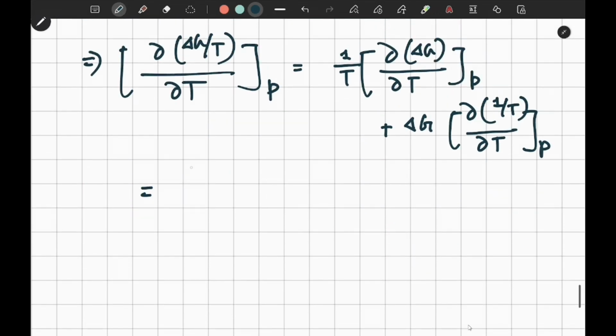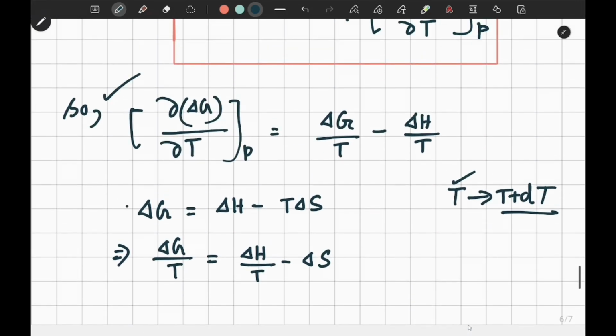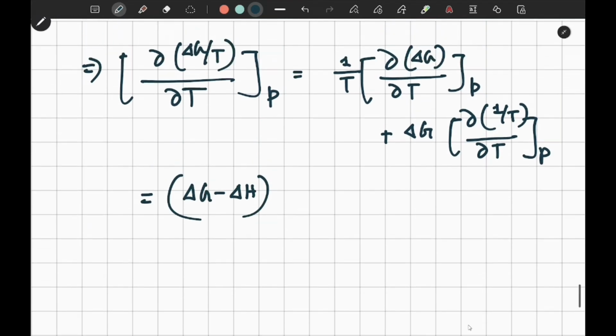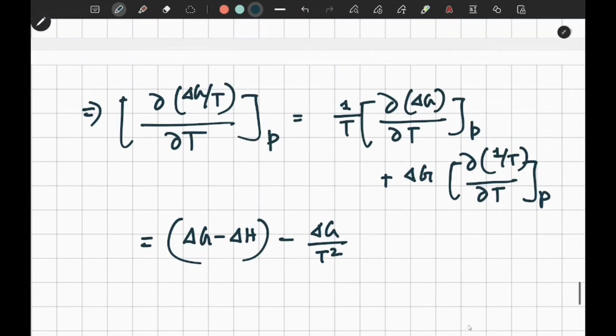So the first part is known to us. This is the Gibbs-Helmholtz equation, essentially delta G minus delta H. But the second part, delta G times del by del T of 1 by T, is minus 1 by T squared. So it is minus delta G by T squared.